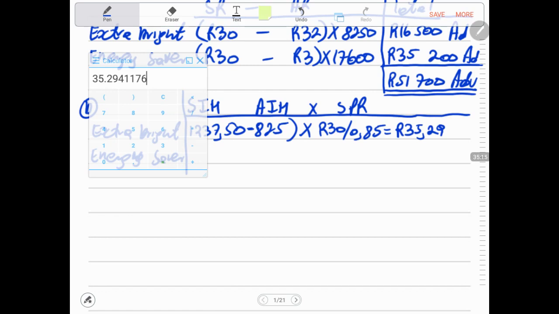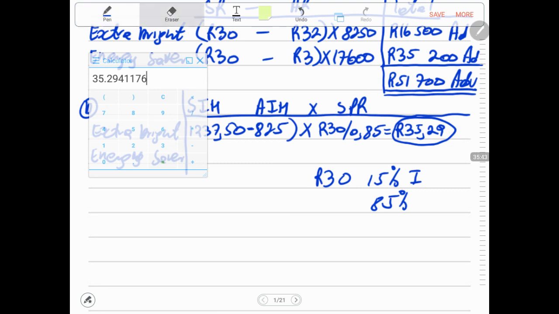Please take note, when it comes to the idle variance and the efficiency variance, we are looking at the productive labor rate per hour. Remember, our employees are paid 30 rand, and 15% is idle time and 85% is productive time. So we want to know how much our employees are being paid when they are productive.